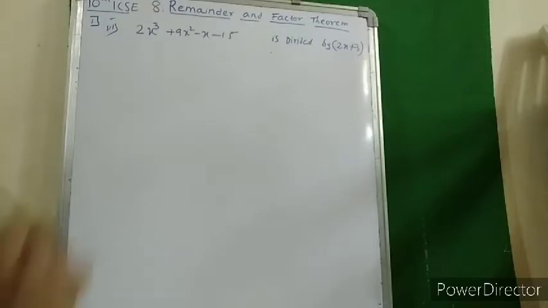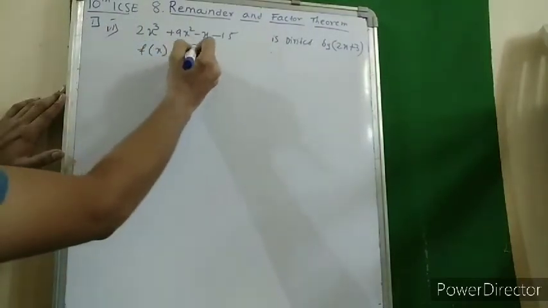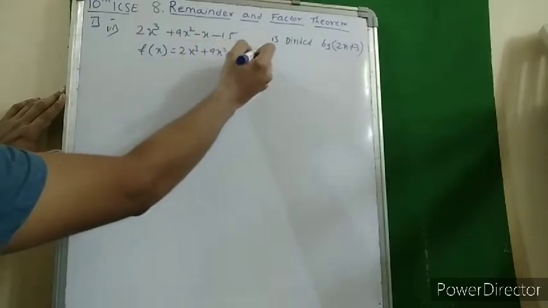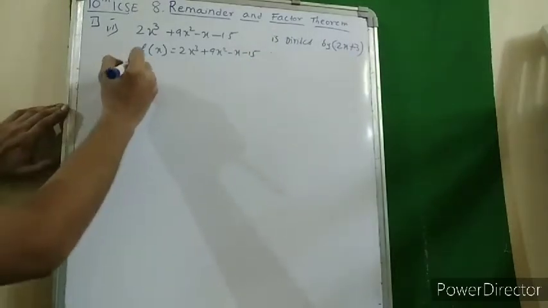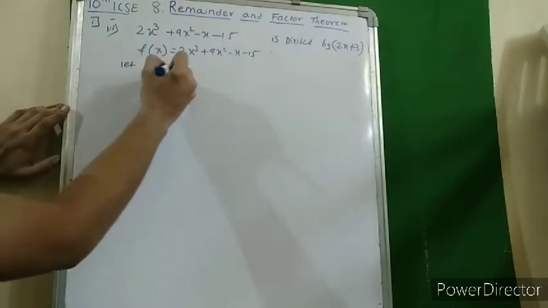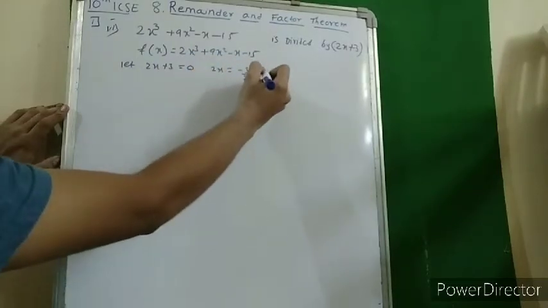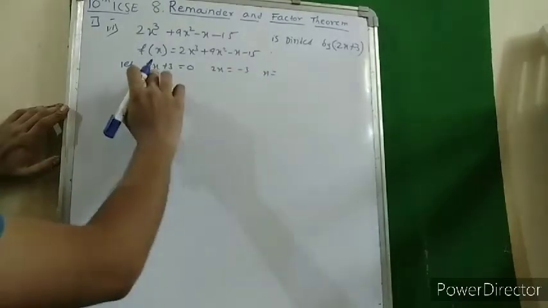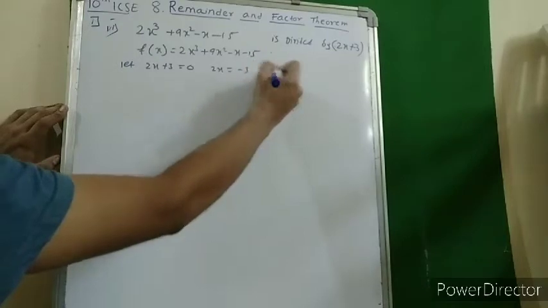Okay, now the function of x for the sixth one is 2x cube plus 9x square minus x minus 15, and it is divided by 2x plus 3. So let 2x plus 3 is equal to 0, therefore 2x is equal to minus 3, x is equal to minus 3 upon 2.